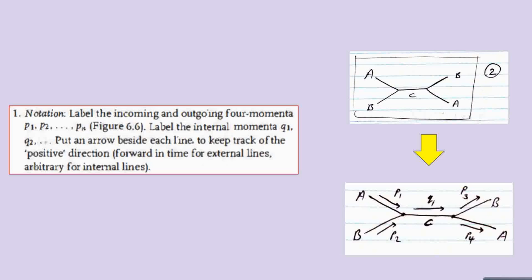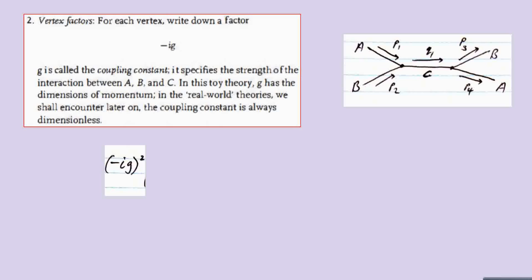I'm just going to briefly skim over the steps. Step 1 is notation, where we label everything: the incoming momenta, the outgoing momenta, and the one internal momentum in the center, with p1, p2, p3, p4, and the internal momentum as q1 with the corresponding arrows.